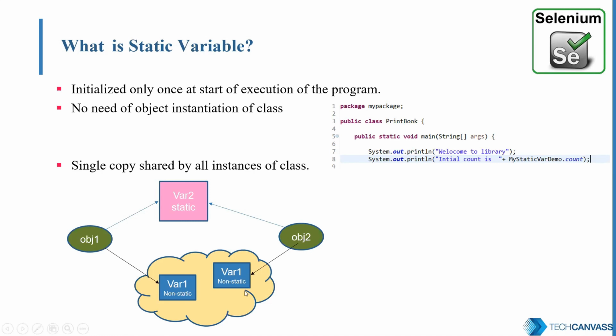It has its own copy of variable 1. But variable 2 is shared among both the instances or objects of the class. So if I make any change in variable 2 with respect to object 1, those changes are also reflected in object 2. I hope that is clear.